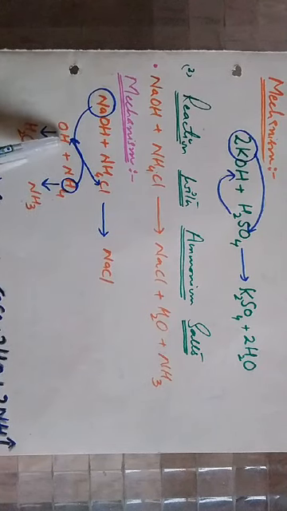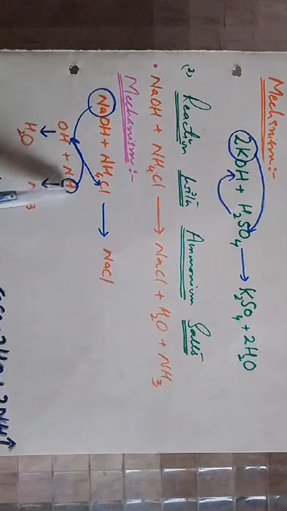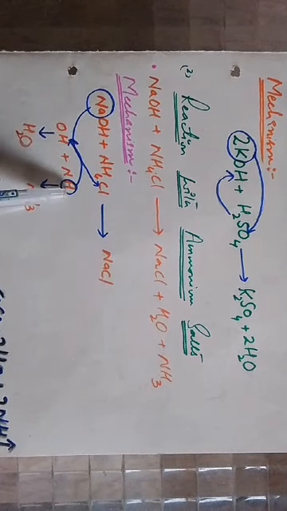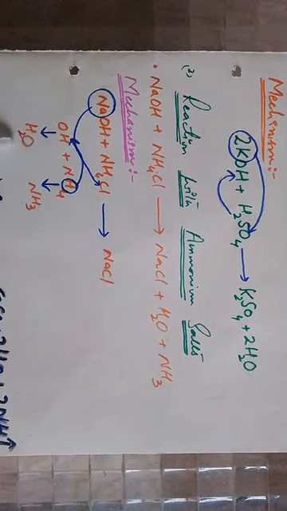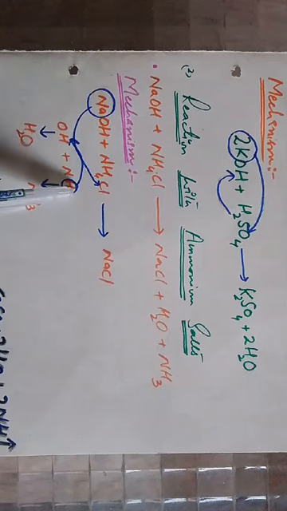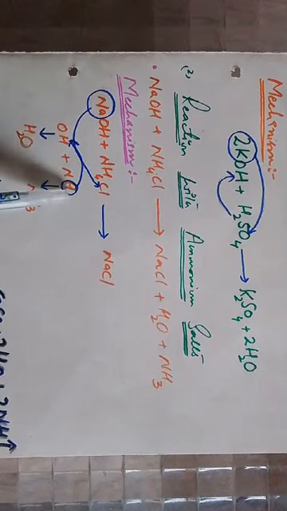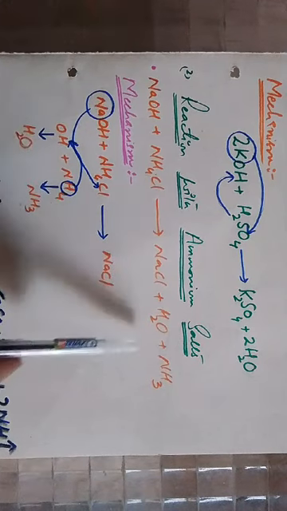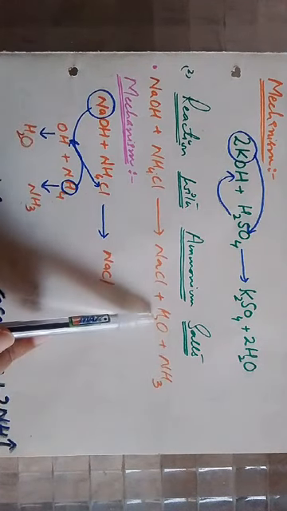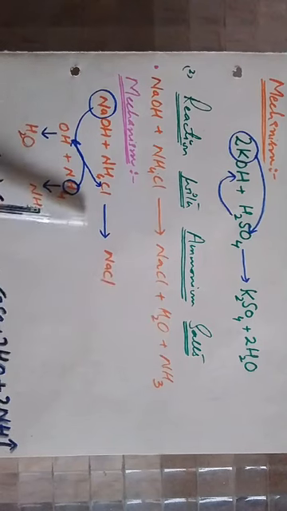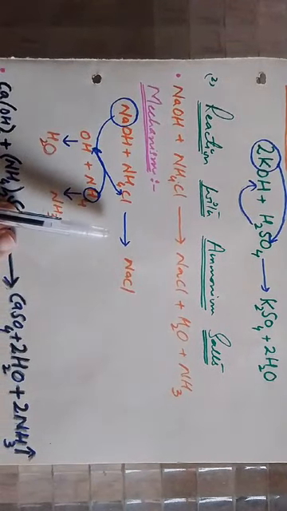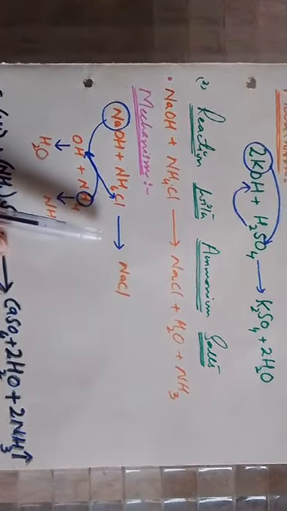The H from NH4 goes towards the OH and forms a water molecule, OH and H, H2O, and 3 hydrogens are left behind, forming NH3. So here is the NH3 and there is an H2O water molecule. In this way this reaction proceeds.